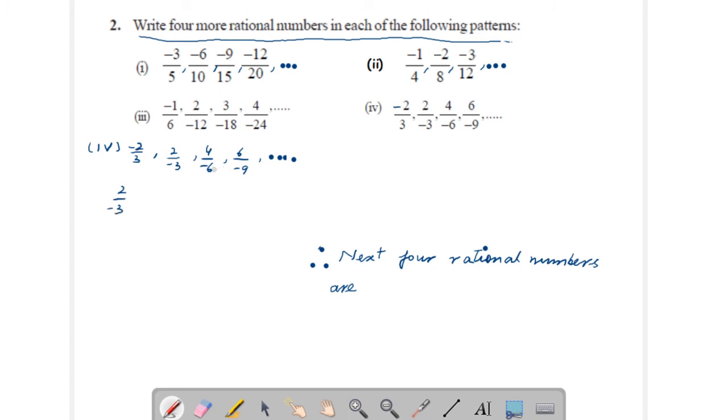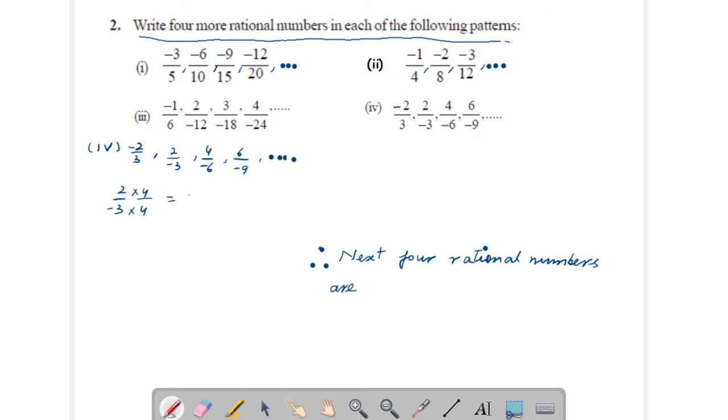Now third rational number can be obtained by multiplying 2 upon minus 3 by 2, and fourth rational number, that is 6 upon minus 9, is obtained by multiplying 2 upon minus 3 by 3. The next four rational numbers can be obtained by multiplying 2 upon minus 3 by 4, 5, 6 and 7. Let us multiply 2 upon minus 3 by 4 both in numerator and denominator.